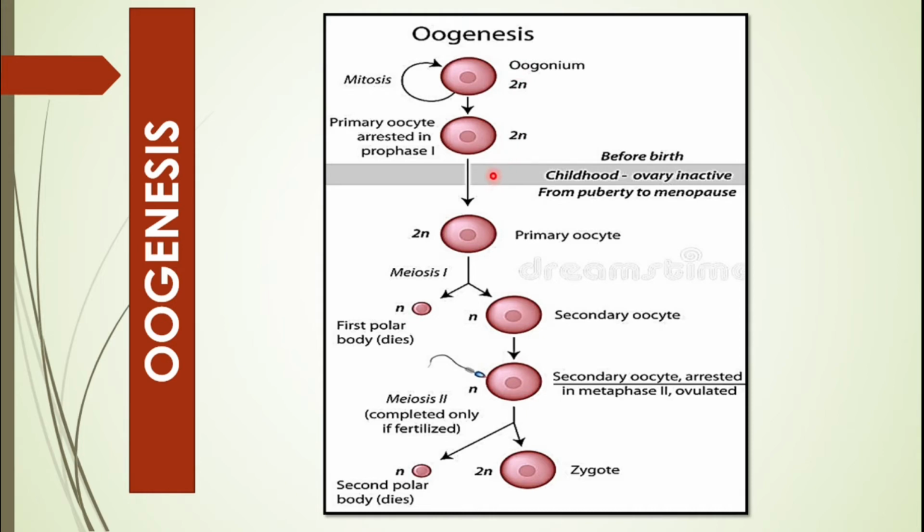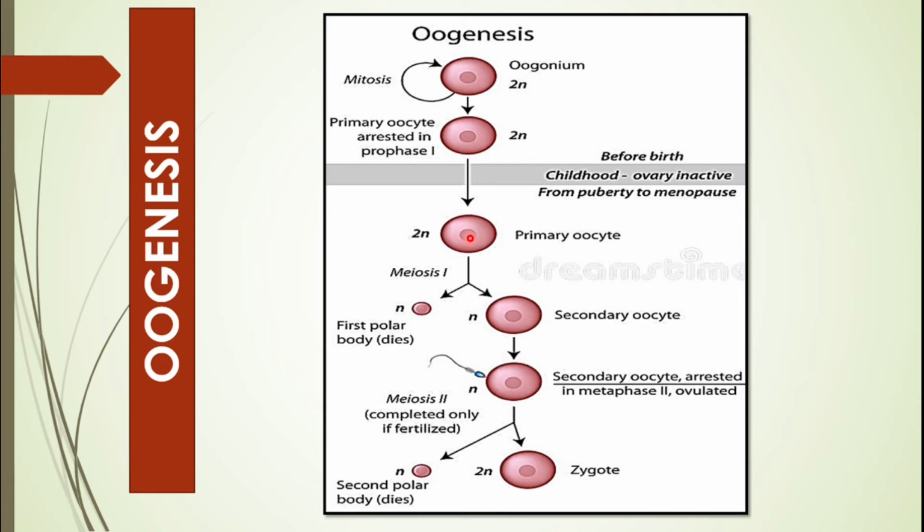The second is the growth phase, which happens from birth till puberty. And the third phase is called the maturation phase, which happens from puberty to menopause. Let us see what happens during this phase.